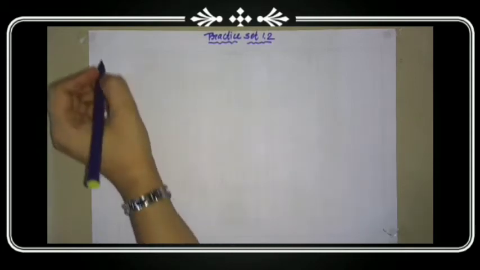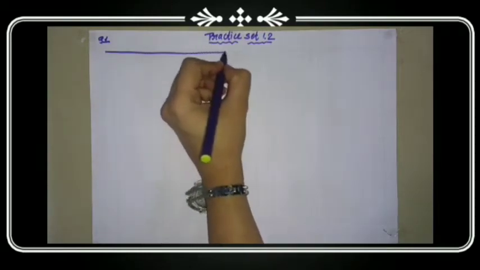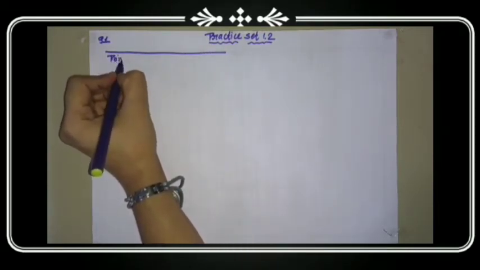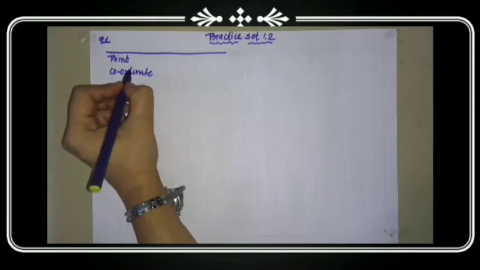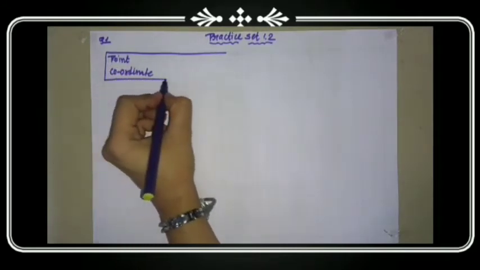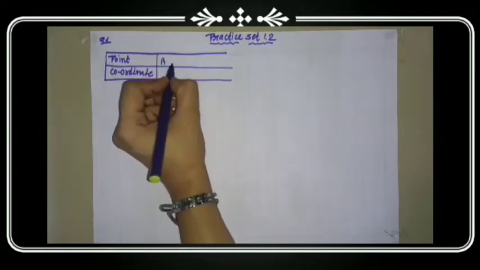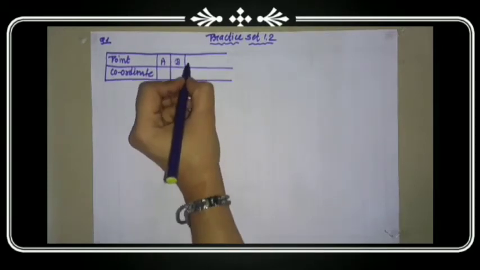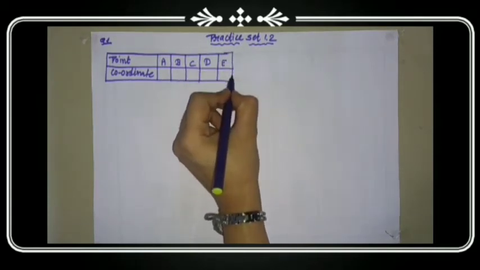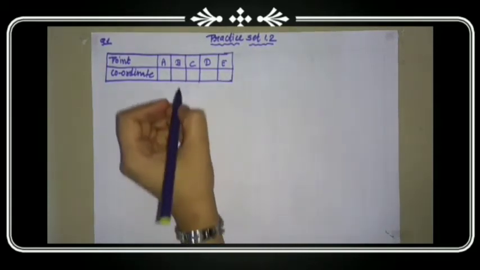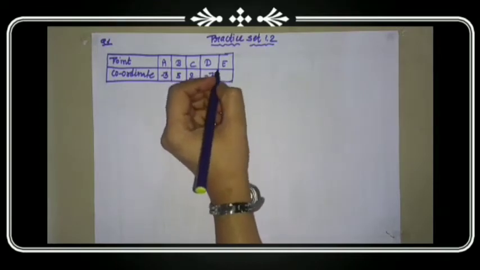Practice set 1.2, question number first. Point, coordinate: A, B, C, D, E, with coordinates -3, 5, 2, -7 and 9.